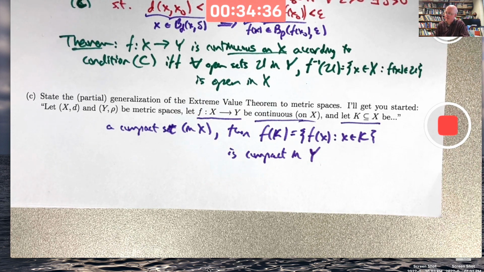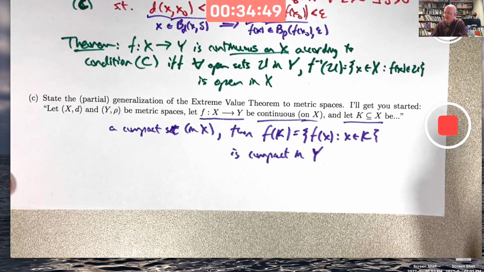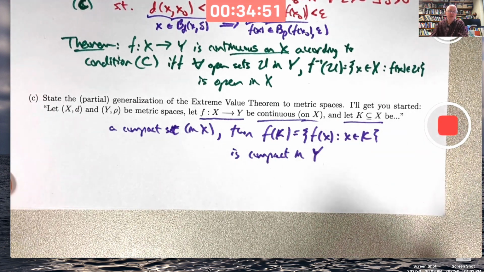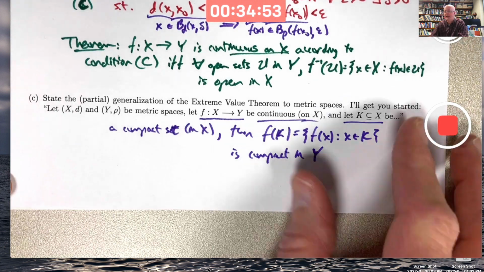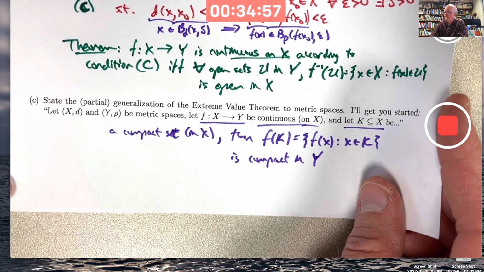Okay? We're not saying these are Euclidean spaces, so the Heine-Borel theorem doesn't apply, though we could imagine them to be Euclidean spaces, and then the Heine-Borel theorem would apply. Okay? And if X and Y, in fact, are both the real line, then you can think of this in terms of the ordinary extreme value theorem, and I'll let you think about that. You'll have to think about being closed and bounded and what that would mean in that context.